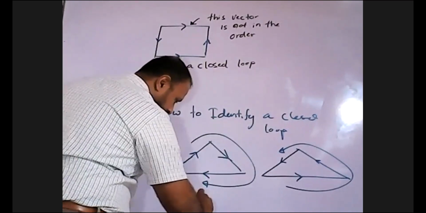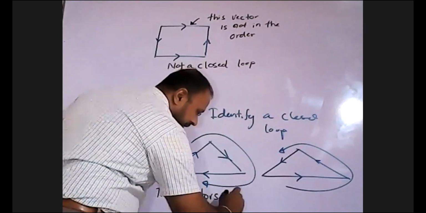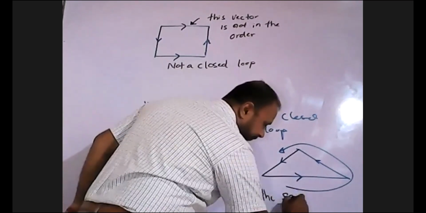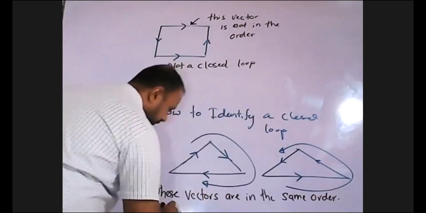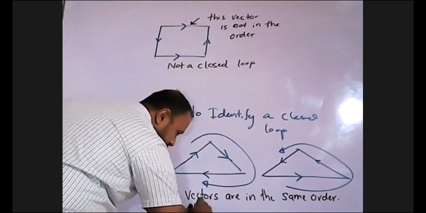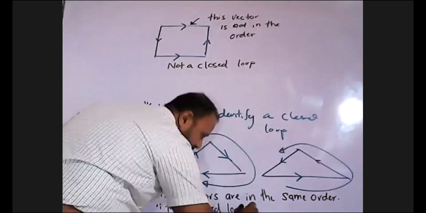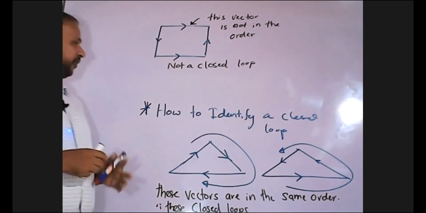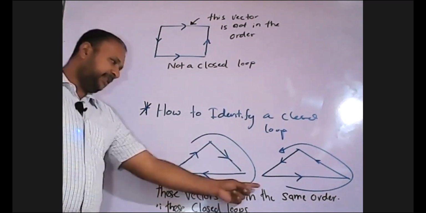These vectors are in the same order. Therefore, these are closed loops. How do I identify a closed loop? Draw this one. These vectors are in the same order.